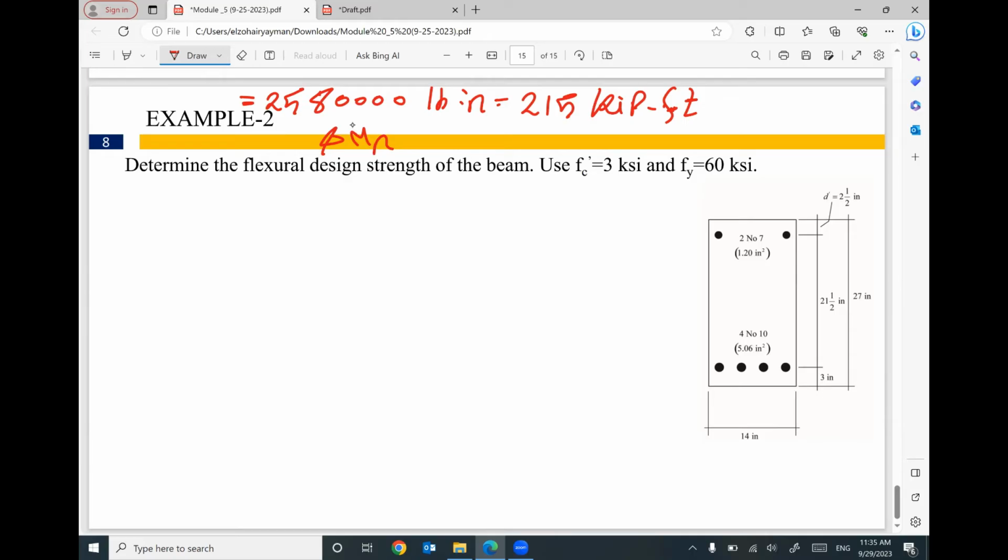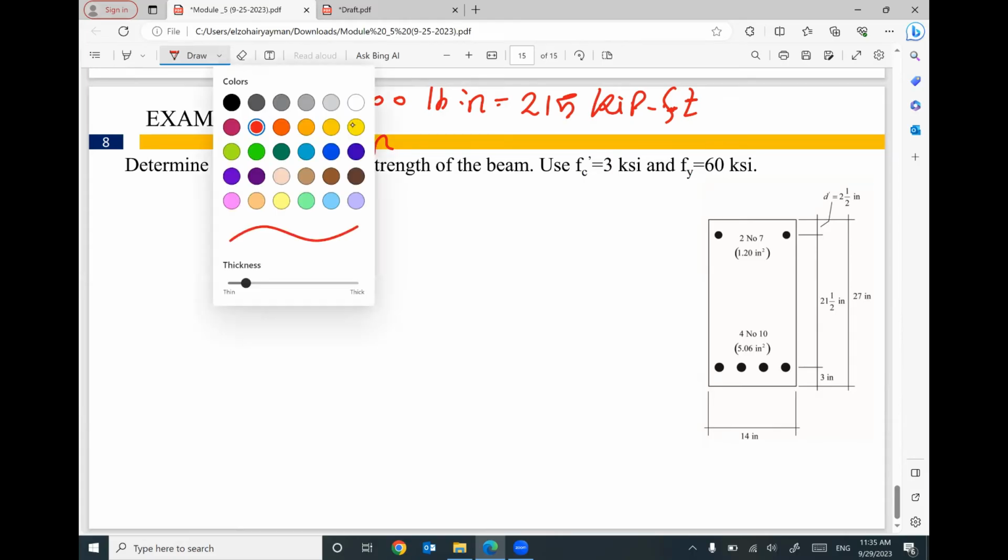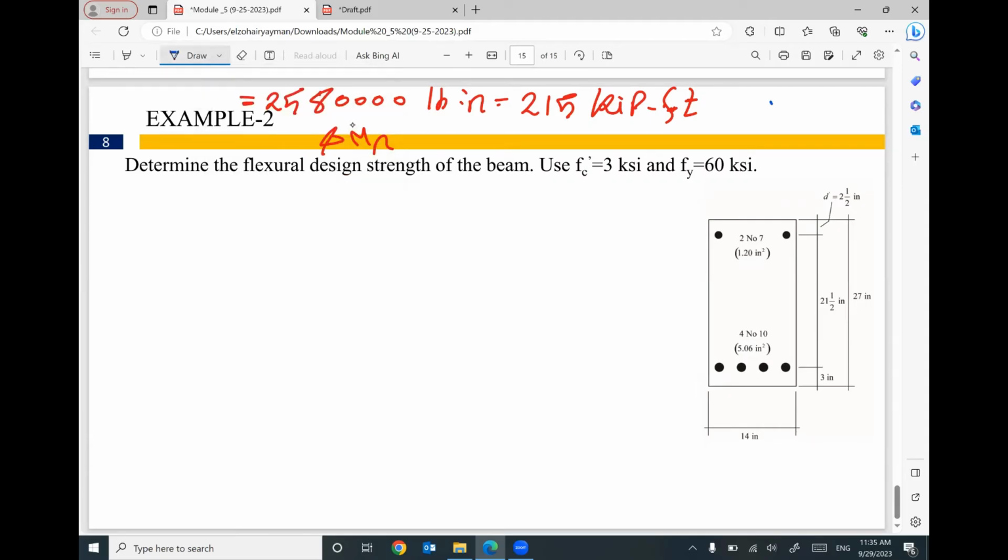If you would like to follow the actual rules, I will start like this. Your area steel here equals 5.06 because this cross section is a double reinforced section. Area steel prime equals 1.2. Your depth is the same, 24, and your D prime equals 2.5.